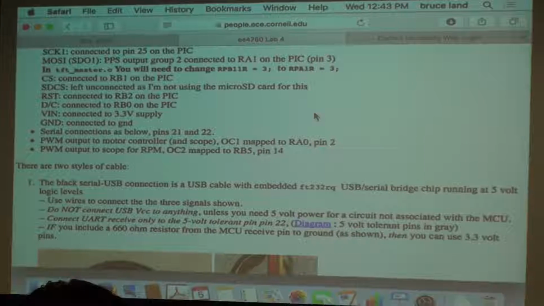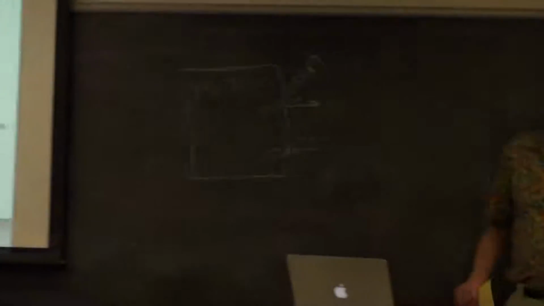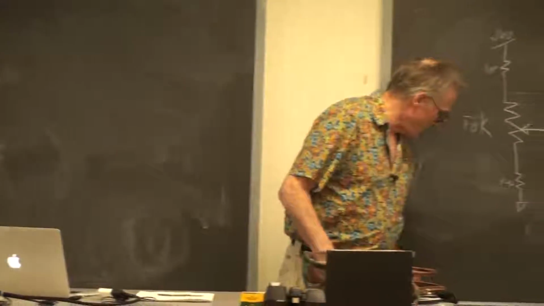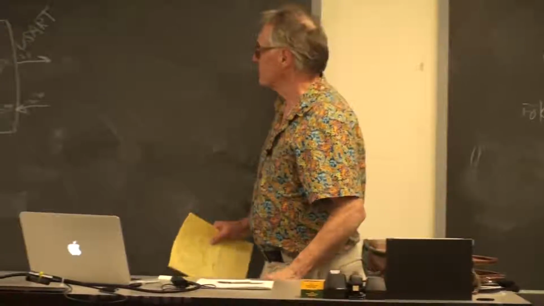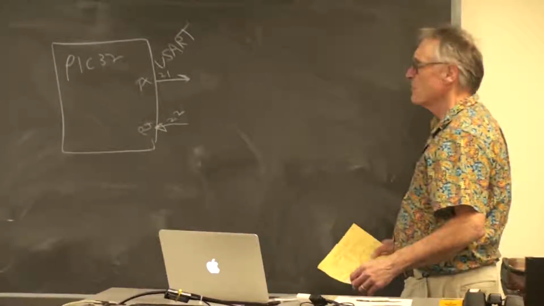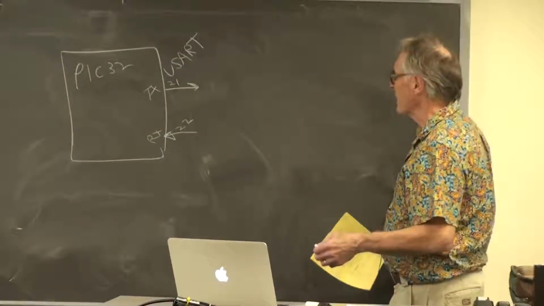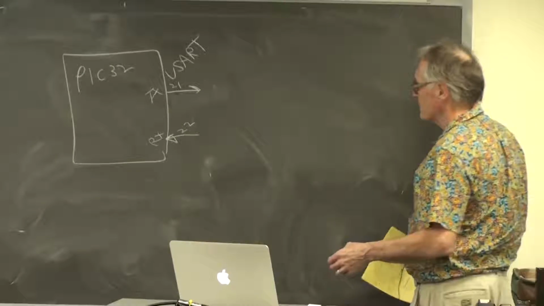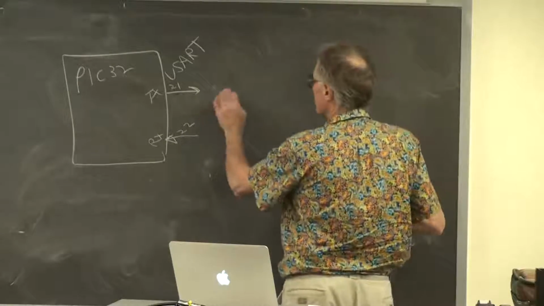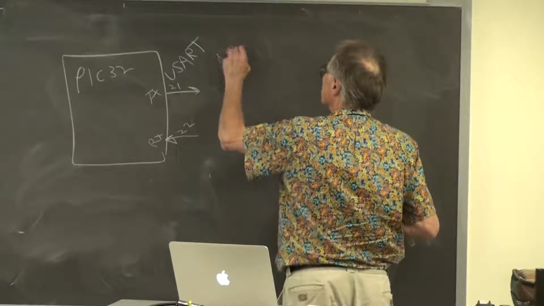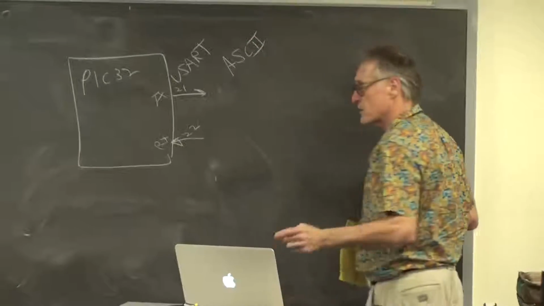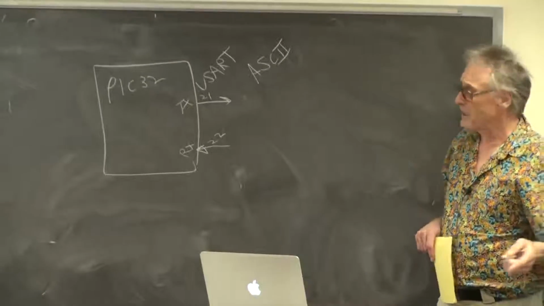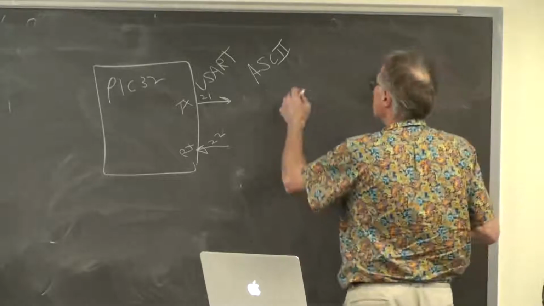And up until this generation of PCs in the lab, we ran level shifters because of the old standard for RS-232 signaling. The signaling coming out of here is ASCII encoding of characters, and I'll explain that in detail in just a minute.